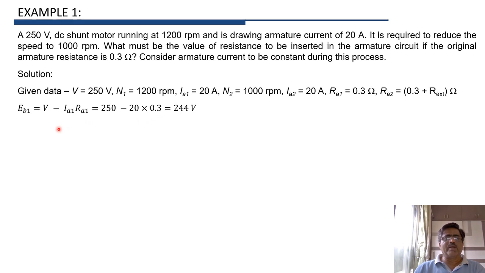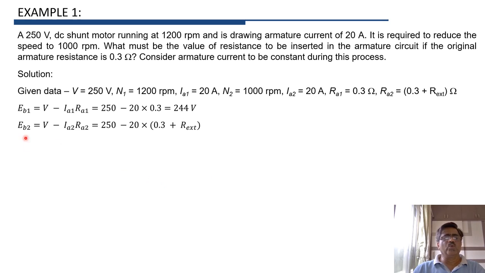Now we can calculate EB2. Now EB2 is equal to V minus IA2 into RA2. Now RA2 is 0.3 plus R external and IA2 is equal to IA1 because here it is given that consider armature current to be constant during this process, and therefore IA2 is also equal to 20 ampere.